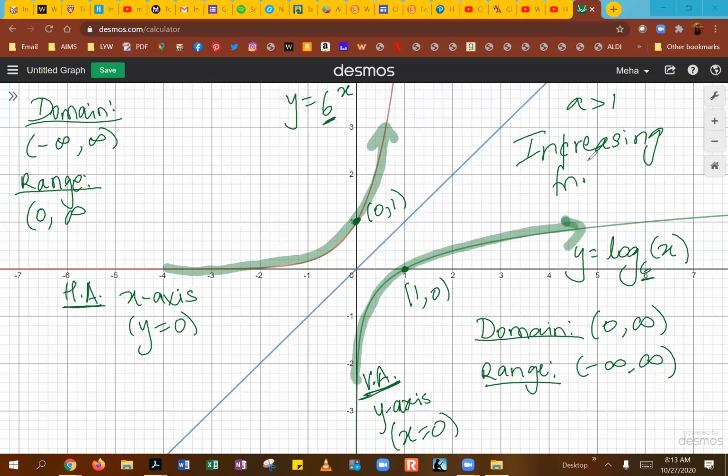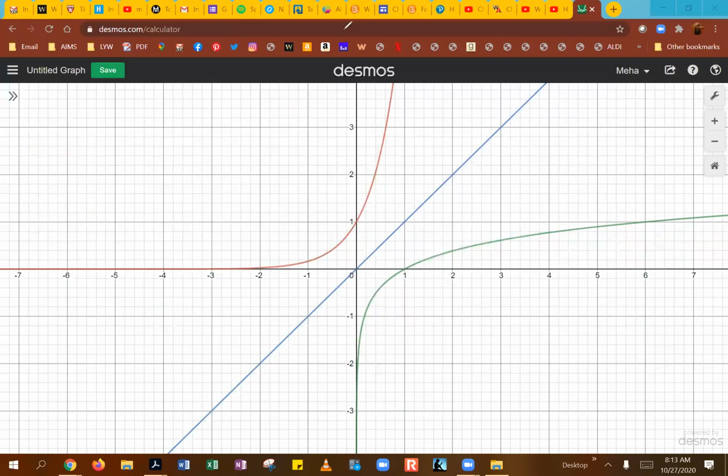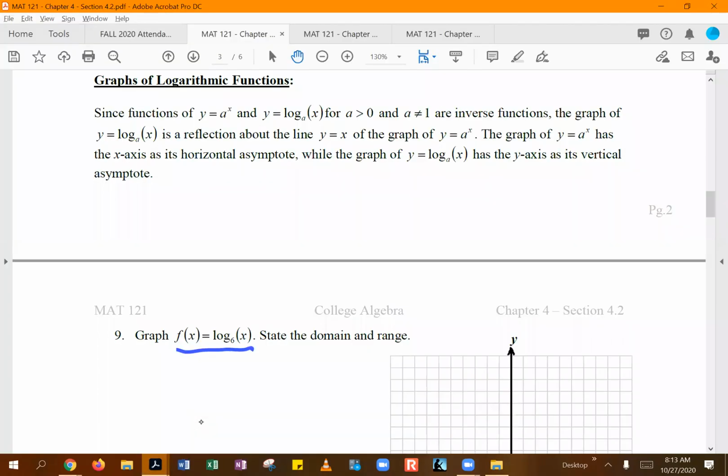And, of course, this will be true for whichever base you are looking at. And all of this is mentioned in your handout with your notes. So let me just point that out. We are talking about using the line y equals x as the line of reflection.